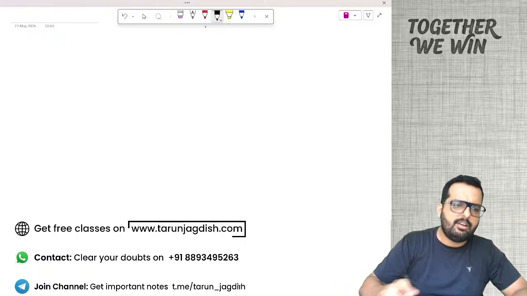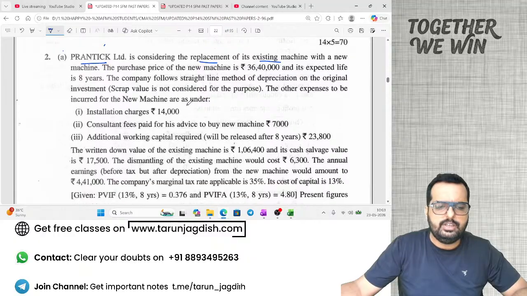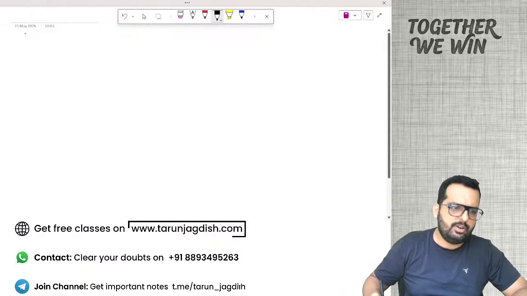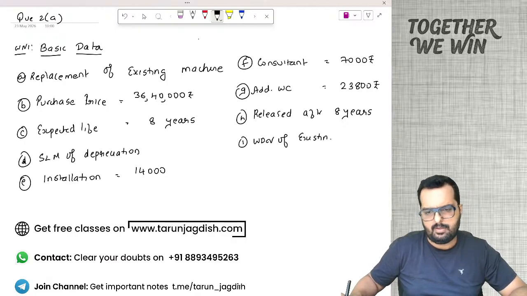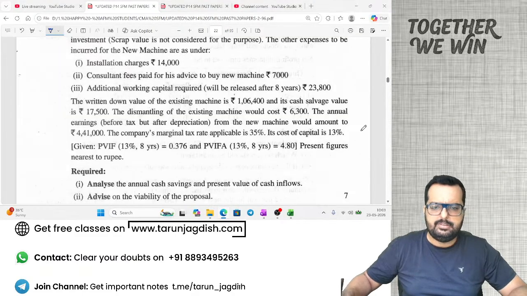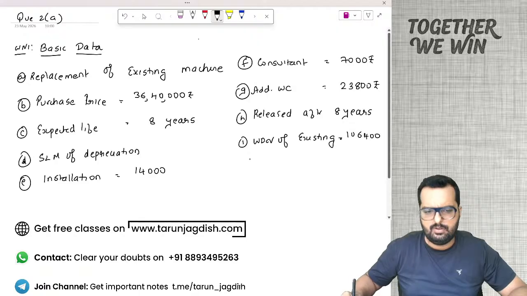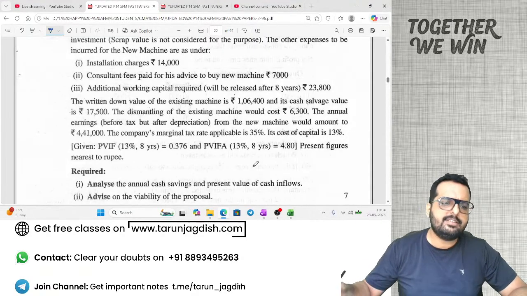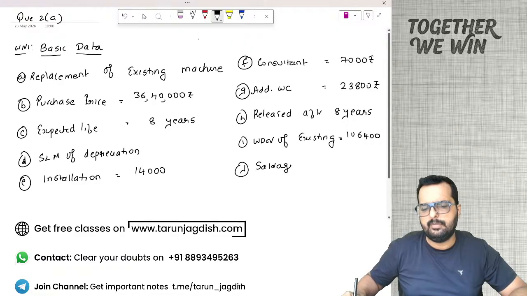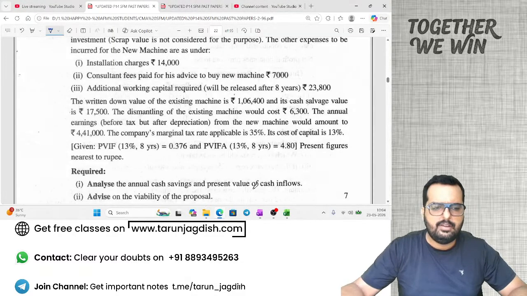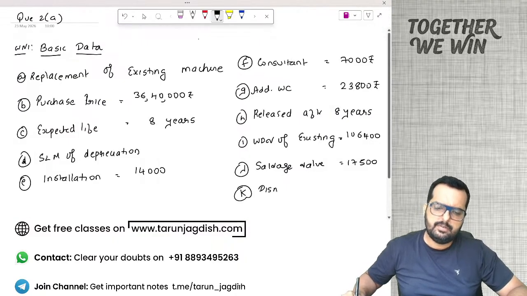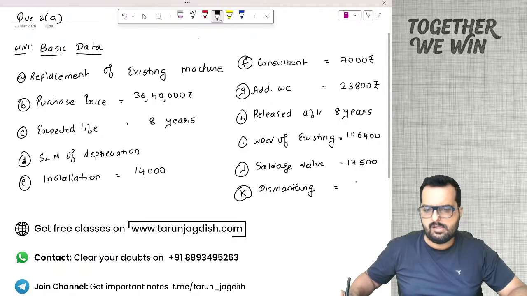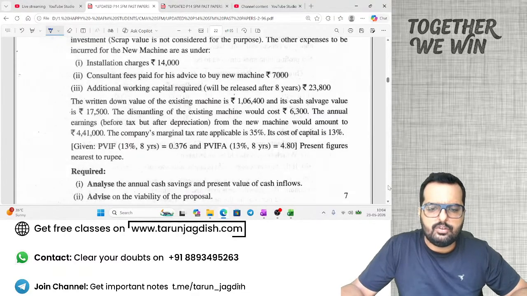All right. So once you are done writing with the basic data, down they have given you the WDV of the existing machine is 1,06,400. I'll continue here itself. Existing machine is 1,06,400 and the cash salvage value is 17,500. The dismantling of the existing machine would cost 6,300.